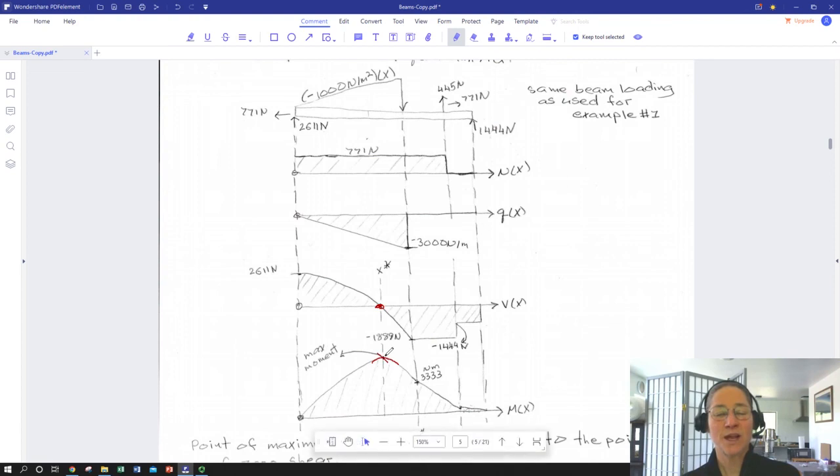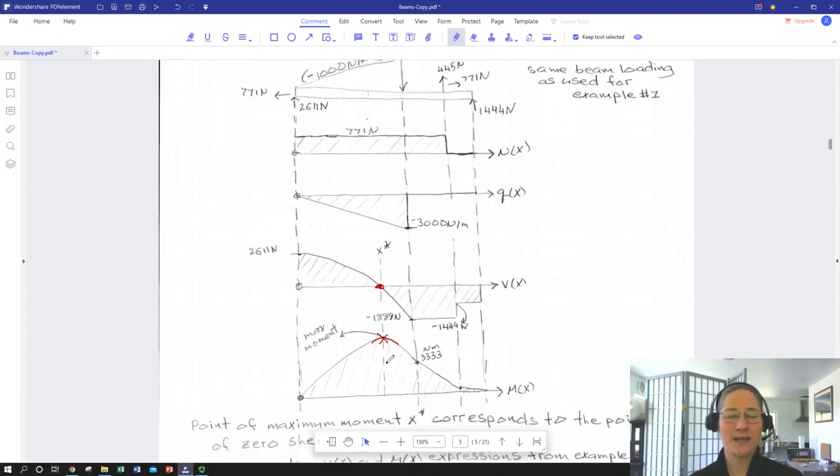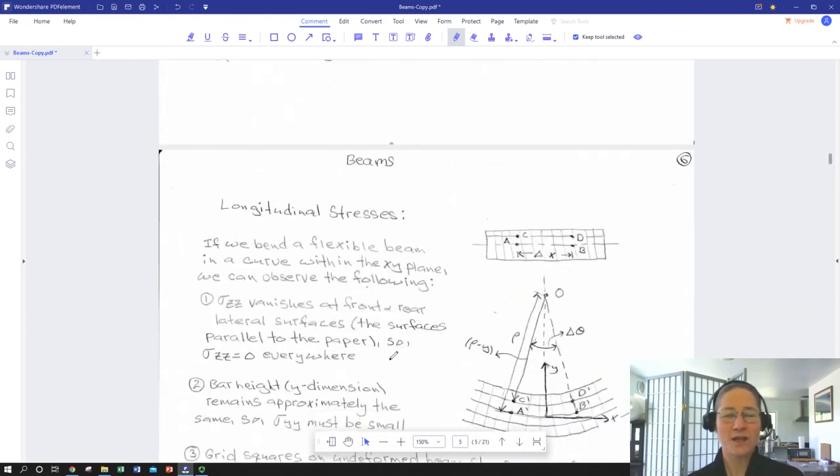And this point right here, looking ahead to our bending axial stress section, which we're going to do next, is going to be a point of great interest to us on that beam and beams like it. So we'll be looking ahead.